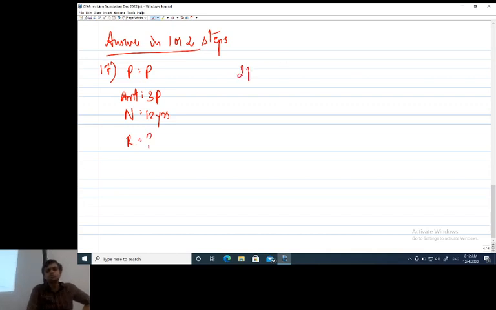So 2P is my interest. This is equal to P into N into R by 100. On substitution I get P into 12 into R by 100. So P and P go off. This becomes 6.